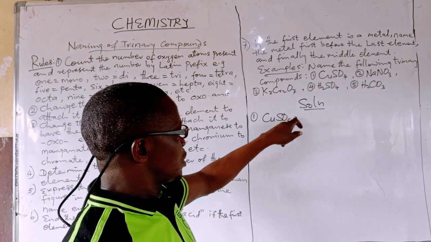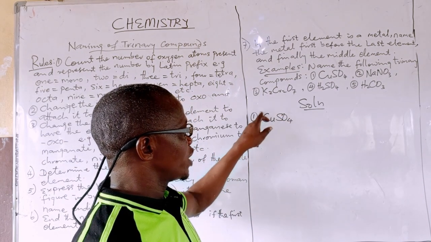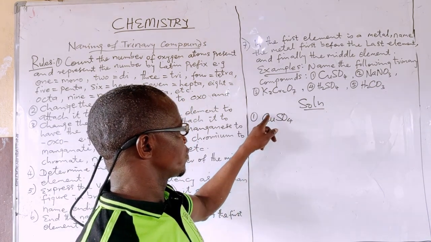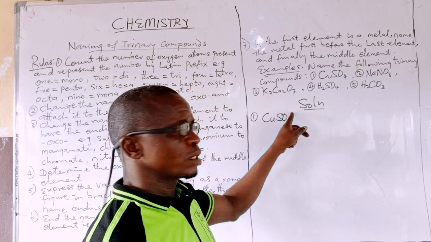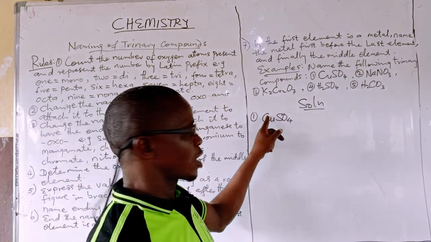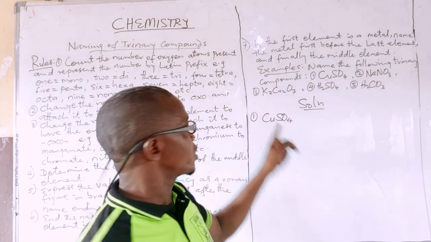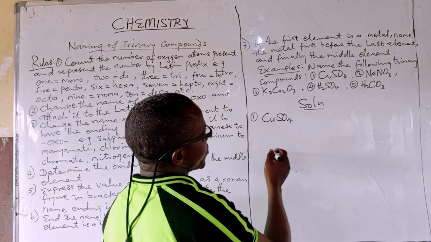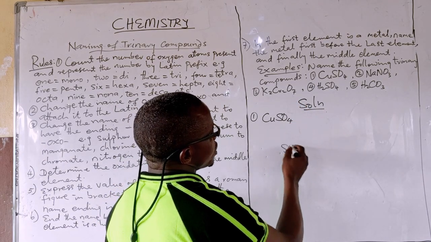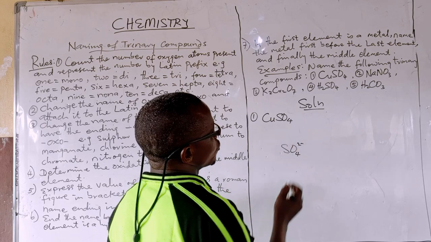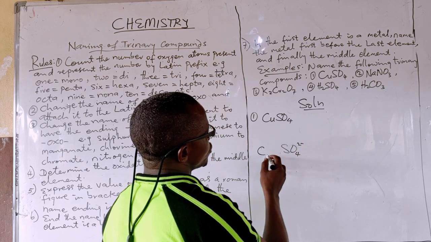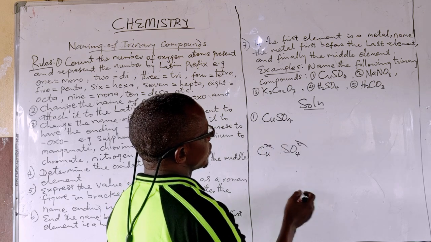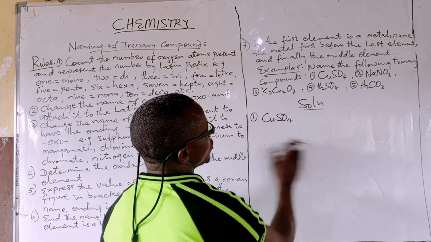For the compound not to have a charge, plus or minus, the valency of copper must be equal, in opposite direction, to that of SO4. Since SO4 has 2 minus, then Cu should be 2 plus, so that they can cancel out.